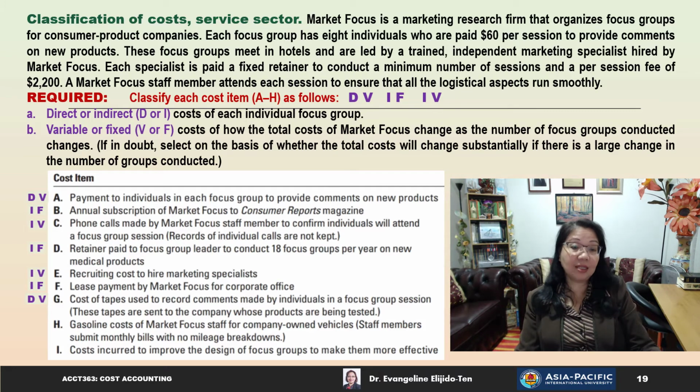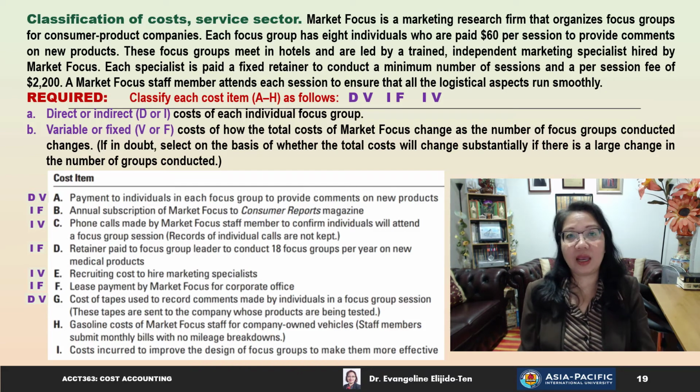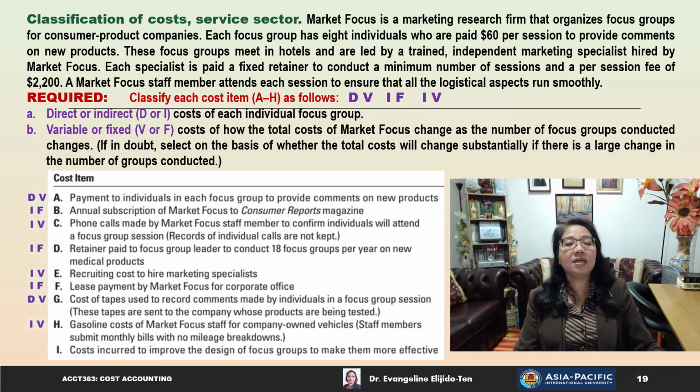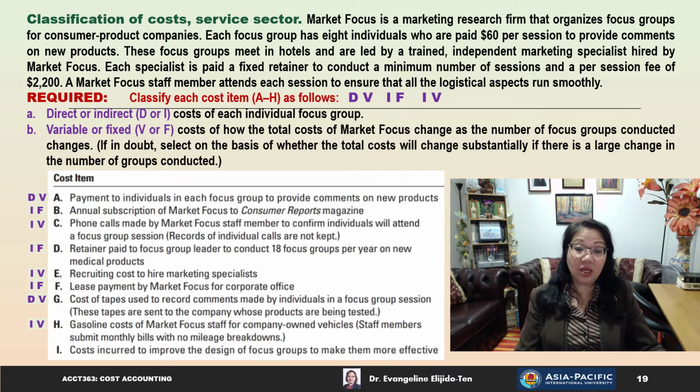So it is indirect. But gasoline costs, are they fixed or variable? Well, we can say that this is variable because the more you travel, the more gasoline cost you will incur. And so it will be indirect and variable. And finally, letter I pertains to costs incurred to improve the design of focus groups to make them more effective.